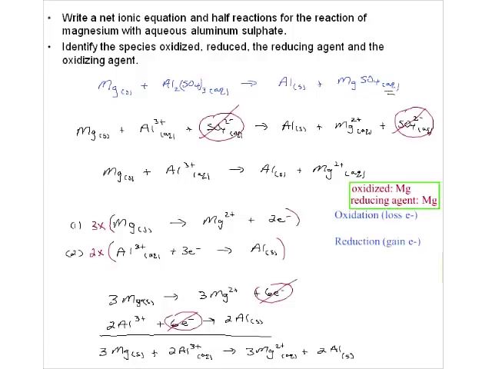And in terms of the aluminum wanting to gain electrons, what made aluminum want to gain electrons? Well, it's the fact that magnesium wanted to get rid of them. So even though aluminum was reduced, the magnesium was the reducing agent. Okay, and you can see that it was oxidized, therefore it's the reducing agent. Aluminum is reduced, and therefore it's the oxidizing agent. Okay.